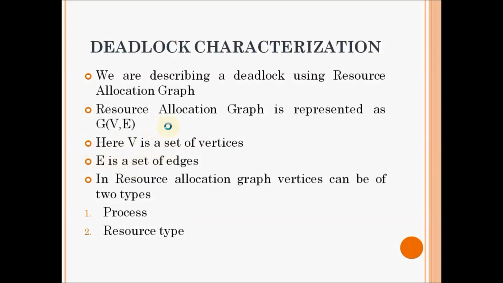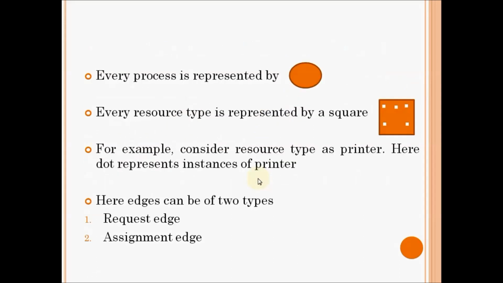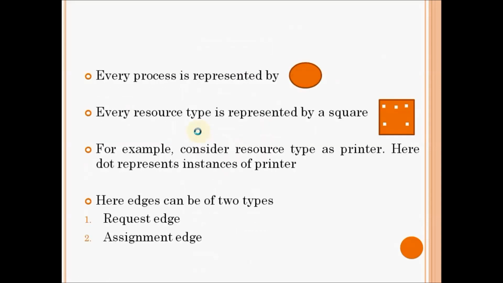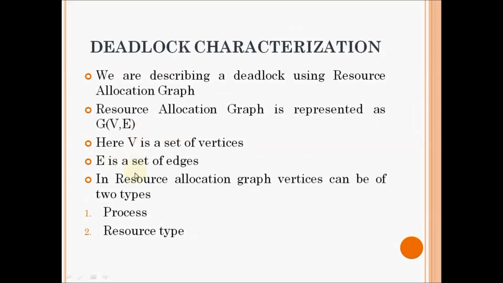Next, in the resource allocation graph, the vertices can be of two types. Here is an example of a resource allocation graph. First I will explain those things, then I will take up the example. A vertex can be a process, and in the same way, a vertex can be a resource type.